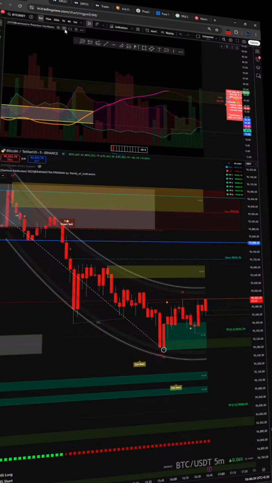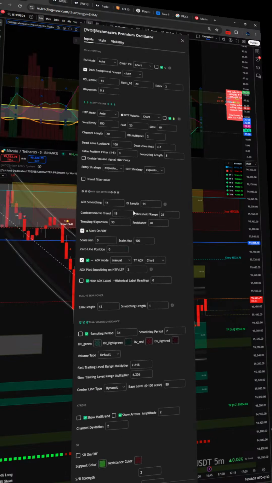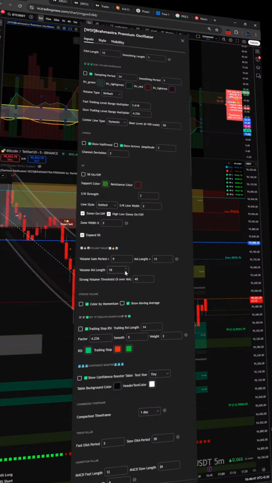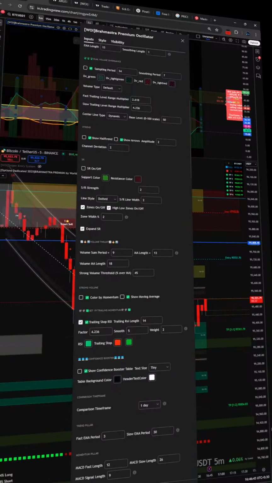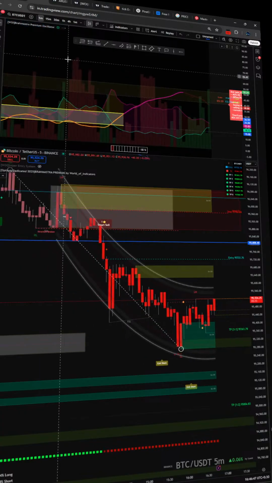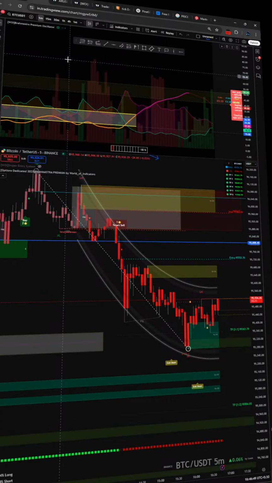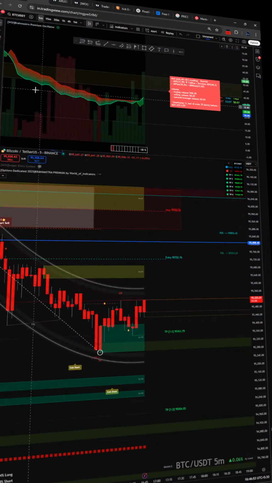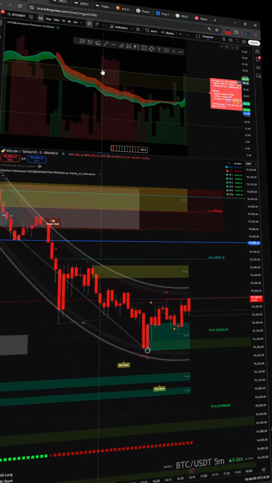There is also one mode. Let me disable this. There is one mode called trailing stop RSI. This will also confirm the best trend, or where RSI is going to move. This is the zone. Here you can see the 40 and 50 level.